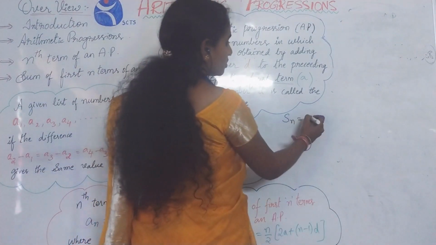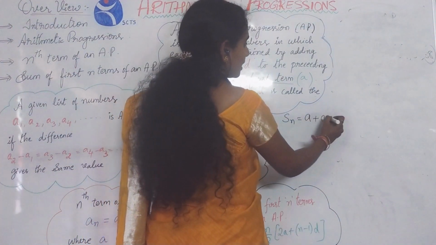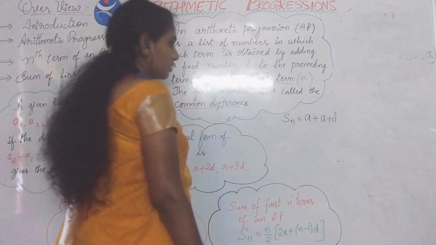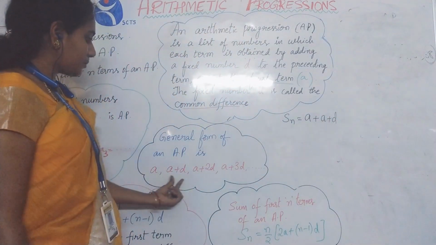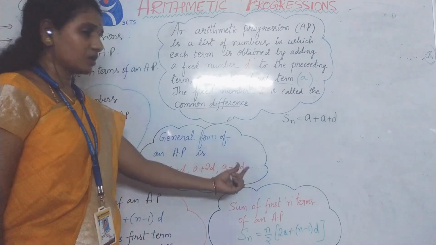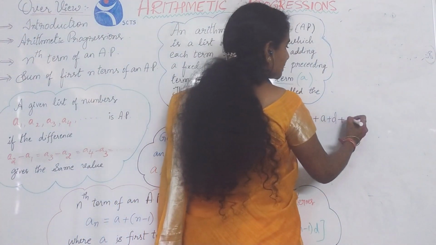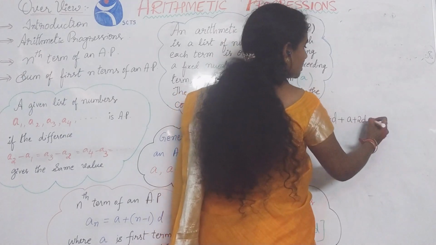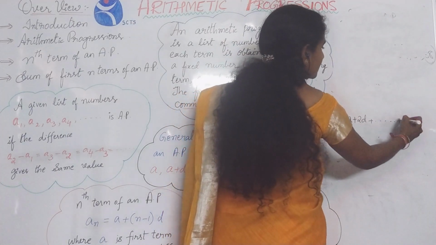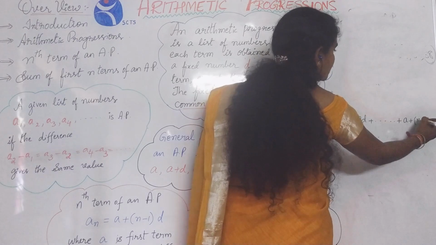So Sn is equal to, as it is a sum, I am adding the terms. The terms of the AP are a, a plus d, a plus 2d, a plus 3d, and so on. The nth term is a plus n minus 1 into d. So I am adding those: a plus (a plus d) plus (a plus 2d), plus and so on, plus a plus n minus 1 into d.